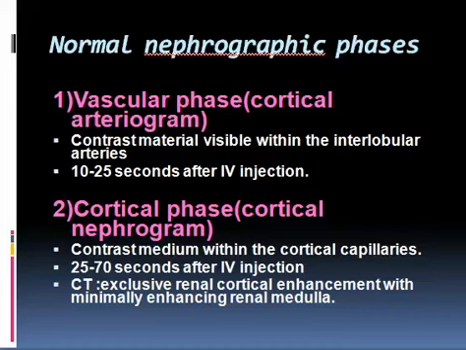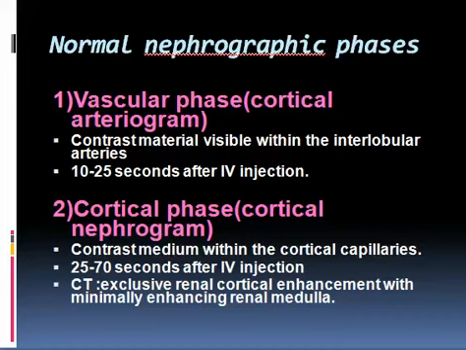The second is the cortical phase, cortical nephrogram. After this vascular phase, where the contrast can be seen within the interlobular arteries, it goes into the capillaries. So contrast medium within the cortical capillaries occurs between 25 to 70 seconds after injection, with exclusive renal cortical enhancement and minimal enhancing renal medulla.